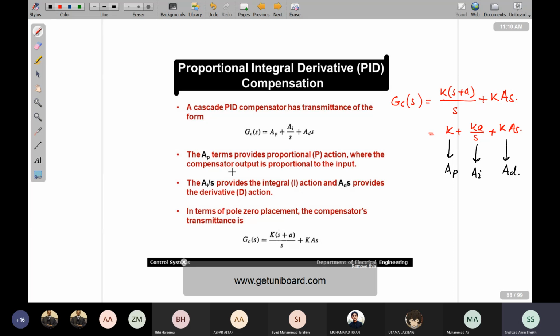The AP term provides proportional action, where the compensator output is proportional to the input. So this is your proportional component, that is K is responsible for that. And then AI over S is providing the integral action or the integral component of this transmittance.